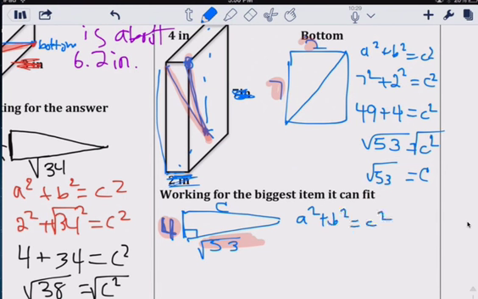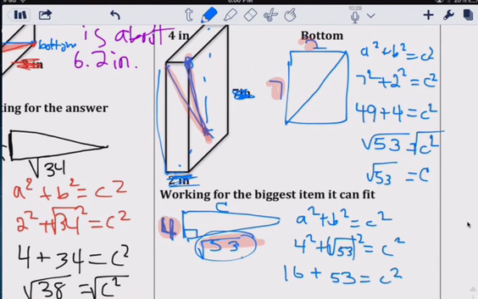That gives you 4 squared plus the square root of 53 squared equals c squared. That gives you 16 plus the square root of 53 squared, which is just 53, equals c squared. That gives you 69 equals c squared.